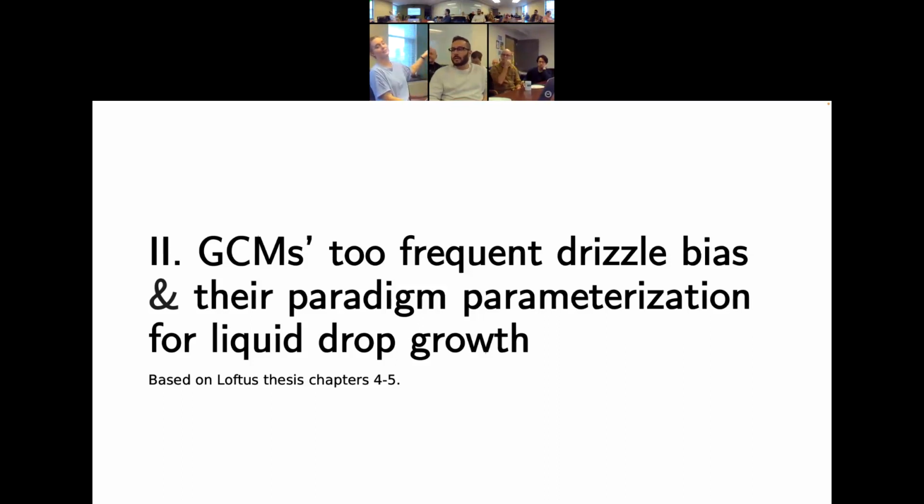Yeah, maybe I can discuss that in a second. What this work is looking at is how a paradigm of how this coagulation process is parameterized in an unphysical way could potentially be tied to this bias, and regardless is unphysical.